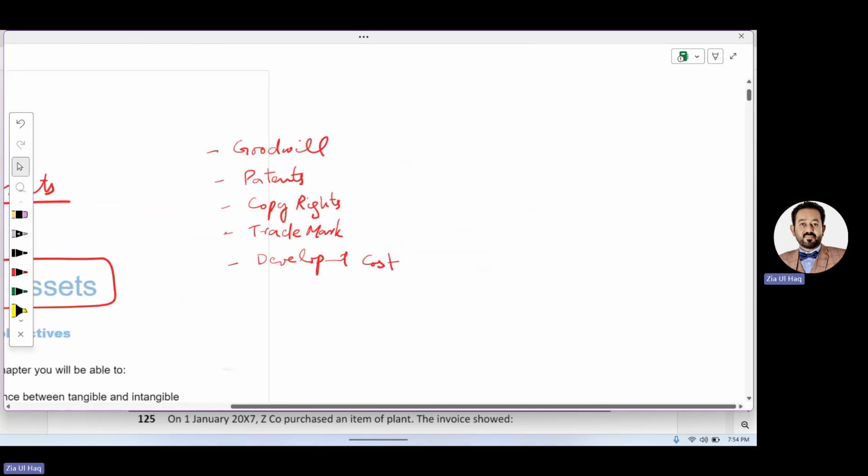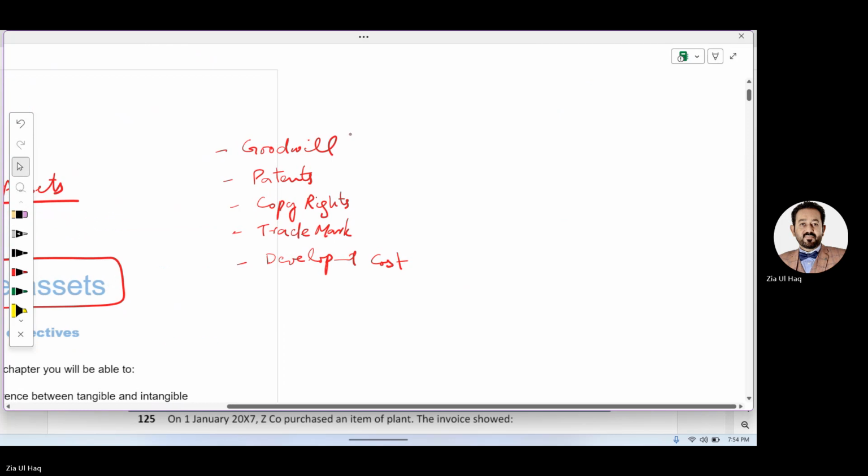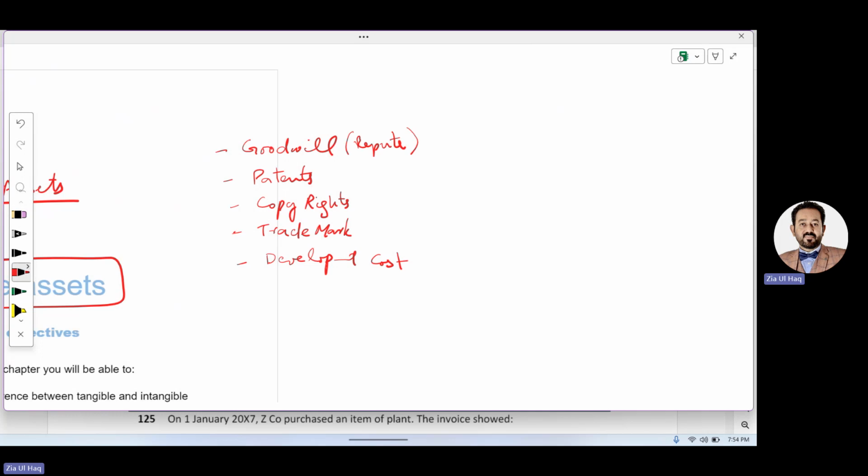What is goodwill? You can say goodwill is the repute of our business. How can goodwill be calculated? Suppose this is one of my businesses, like my business is a college.